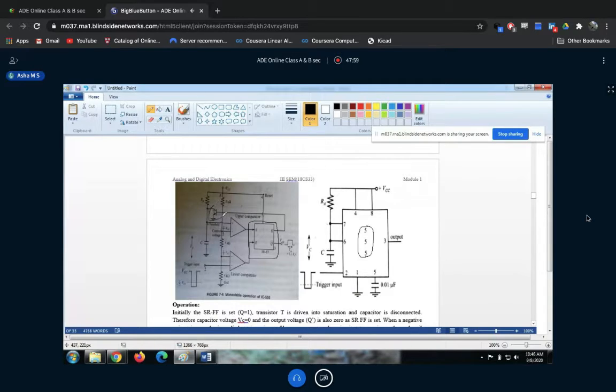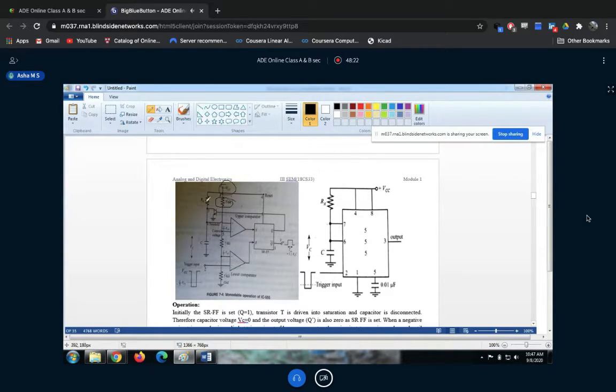Next, what do you have for constructing this monostable multivibrator? Here you can see the applied VCC. To this VCC are connected three 5K resistors.